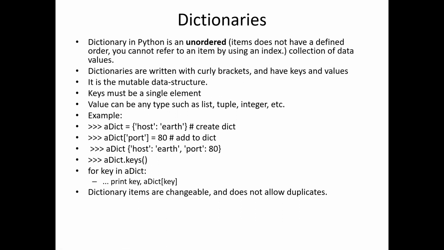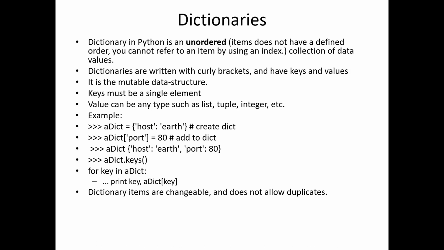To represent a dictionary, see the example. You give host, followed by a colon, followed by a value, that is earth. Here host is the key and earth is the value. This value earth can be accessed using the key, which is host in this case.